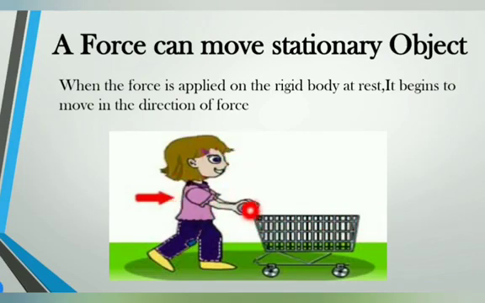So the girl is pushing this object so that it begins to move in the direction of force. In whichever direction we are applying force, in that direction only the object will start moving.